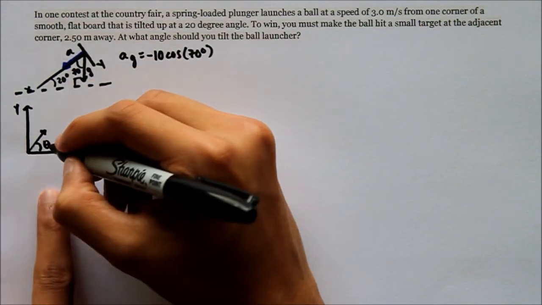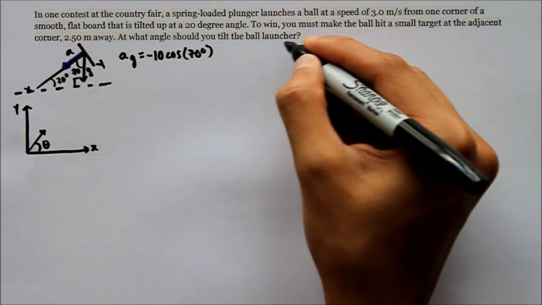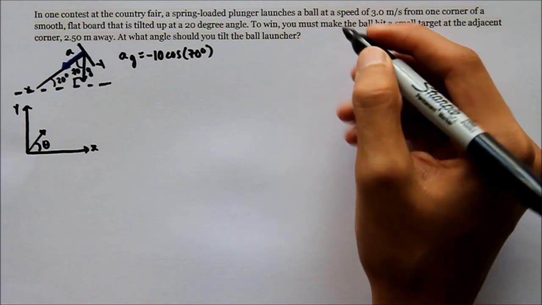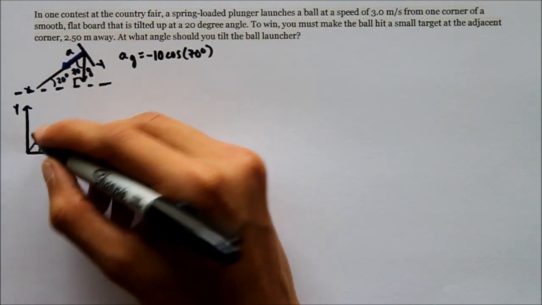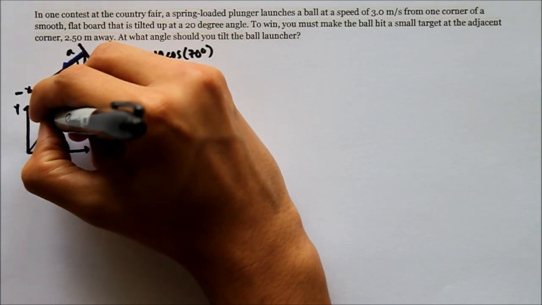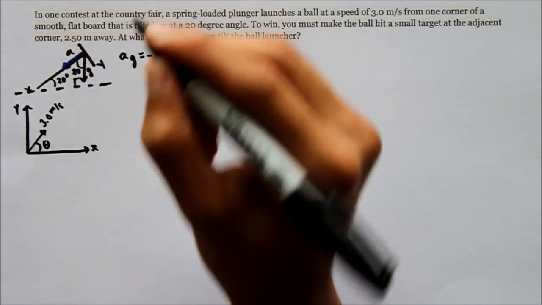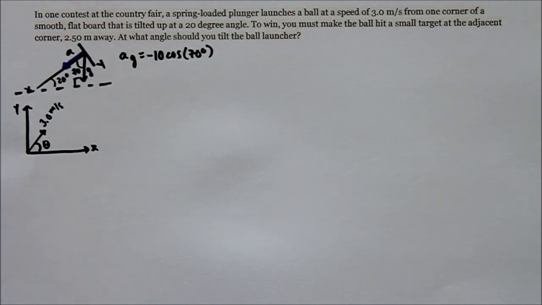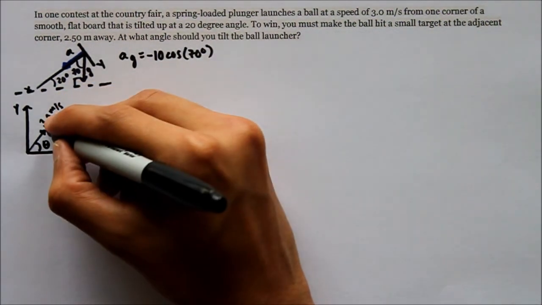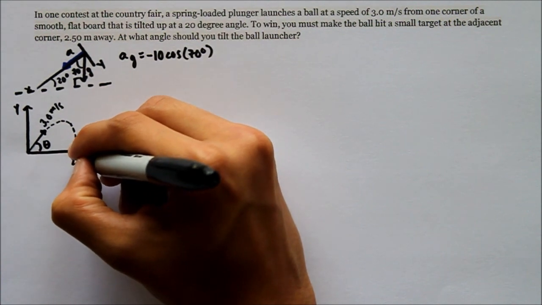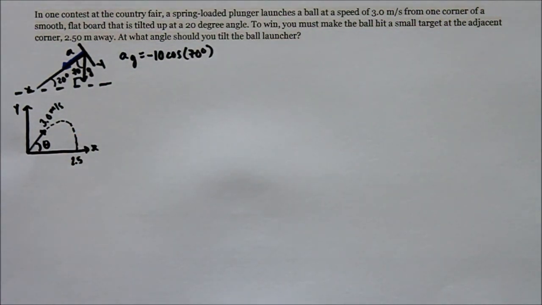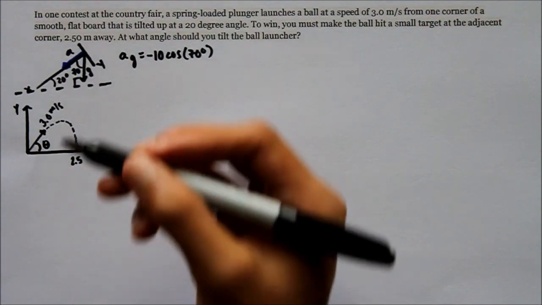That's the angle that we're actually searching for, because we're asking what angle the ball should launch at. We know that the magnitude of this velocity vector is 3.0 meters per second. And we know that we want the actual trajectory, the range, to be 2.5 meters.